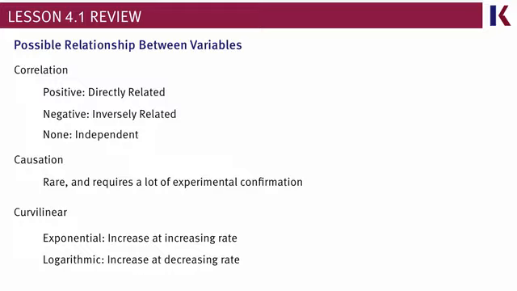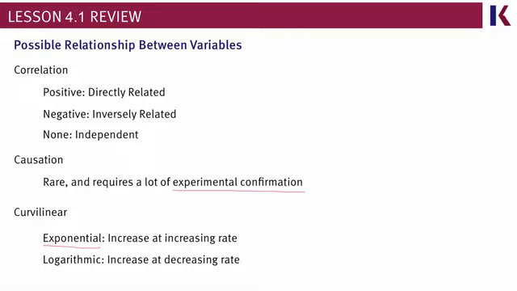There could also be no correlation or a neutral correlation between variables, where an increase in one does not predict an increase or decrease in the other. Correlation should not be confused with causation. Two variables can be related to each other, but that does not necessarily mean that one causes or is a result of the other. And indeed, to actually prove causation, one needs to demonstrate that relationship through a lot of experiments.